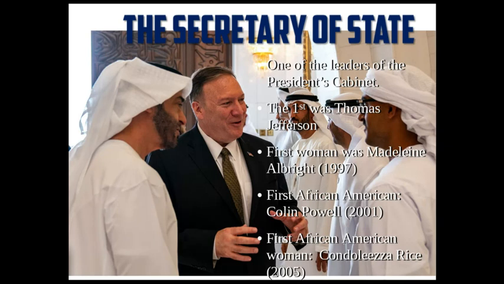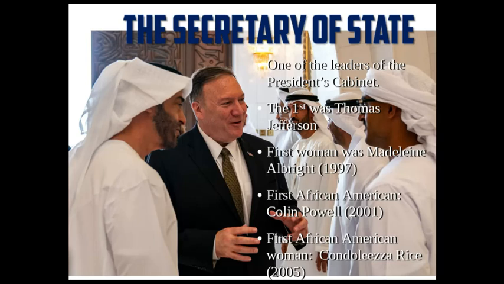And the first African American woman was a lady named Condoleezza Rice. Condoleezza Rice is a Republican, and she was Secretary of State under George W. Bush. So it's the highest ranking member of the cabinet.